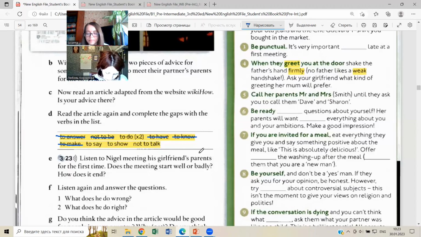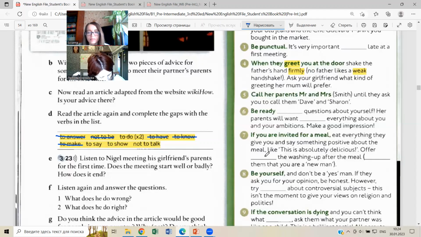Offer the washing up after the meal, them that you're a new man. Yes, there are two gaps here. Which word suits better for the first gap?